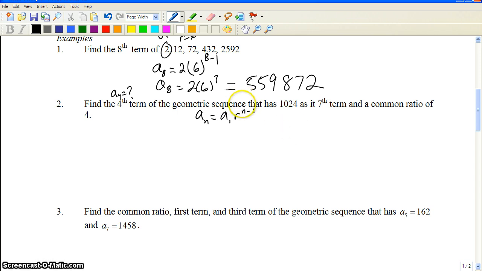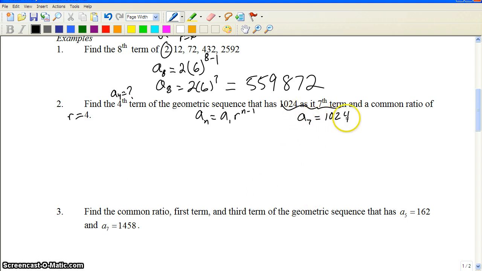Surprise. Sequence that has 1024 as your 7th term. This part of the statement says a sub 7 equals 1024. And a common ratio of 4. That means R is 4. So we just translated all the wording and setup into the symbols that we're going to wind up using.